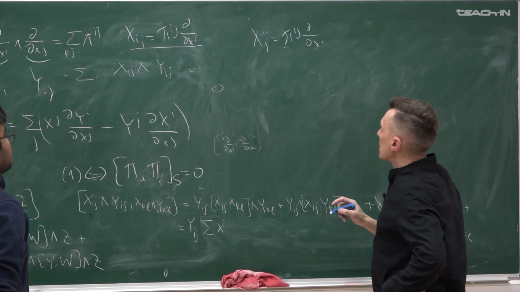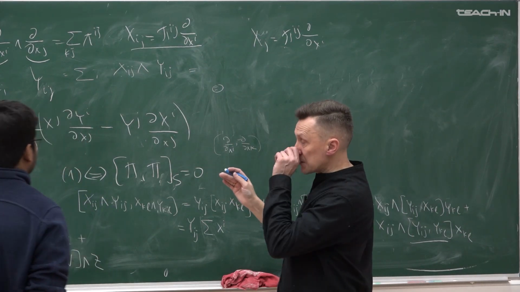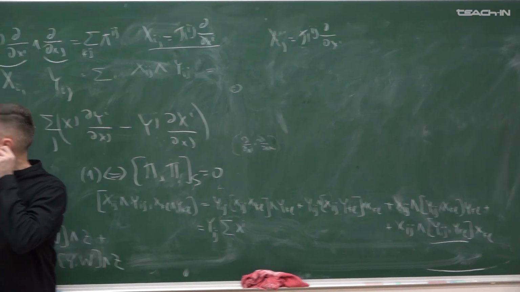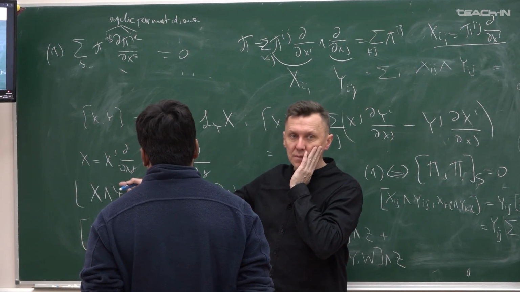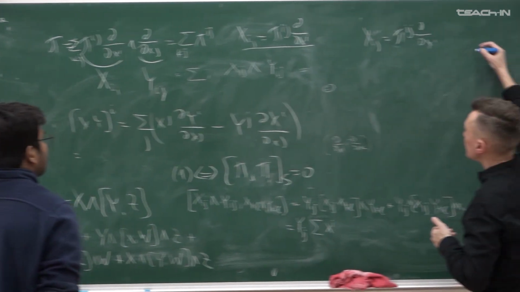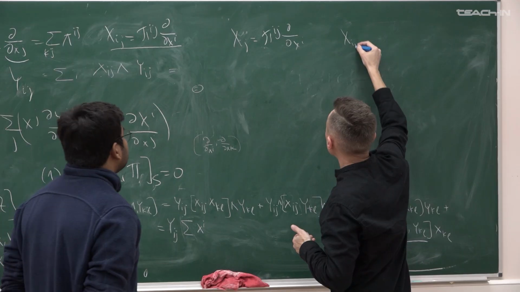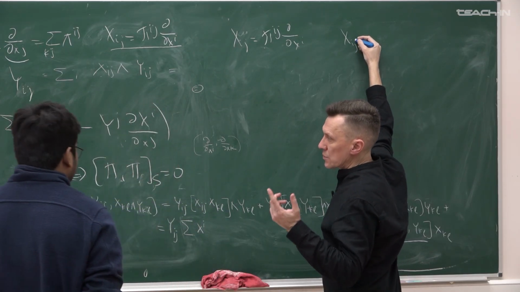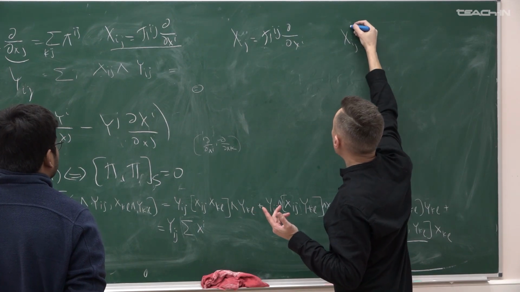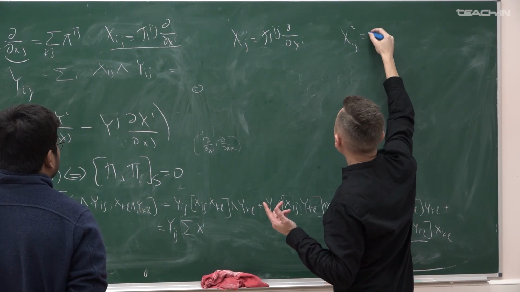Okay. But all vector fields are represented as a sum of this kind. So it means that x_ij has coordinates. It has only one coordinate, i, which is pi ij.